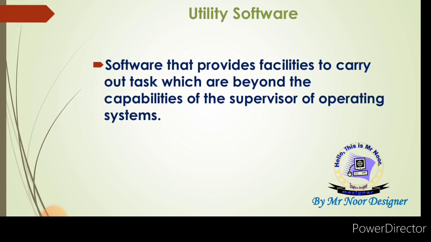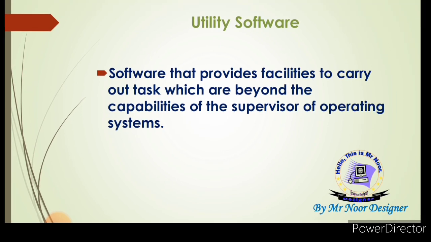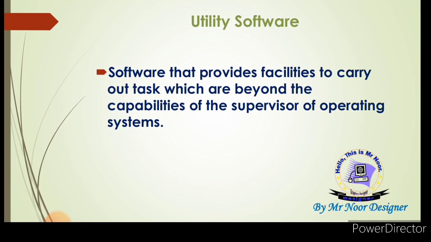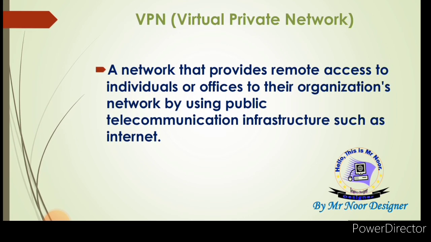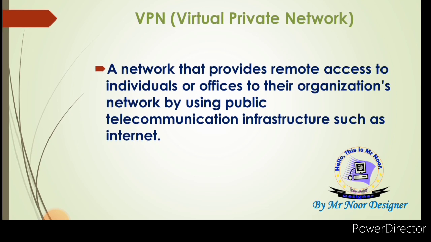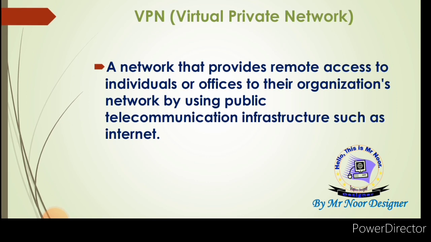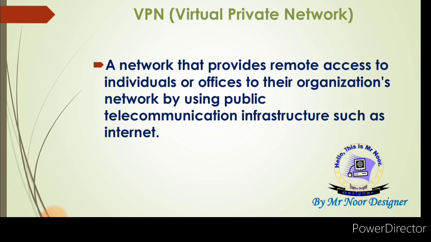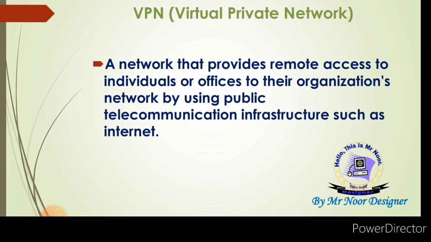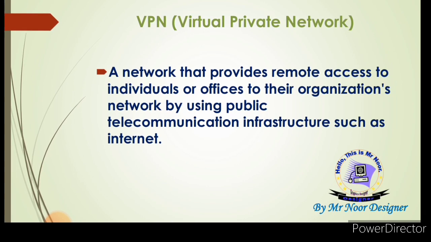Utility software, software that provides facilities to carry out tasks which are beyond the capabilities of the supervisor of operating system. VPN, virtual private network, a network that provides remote access to individuals or offices to their organization's network by using public telecommunication infrastructures such as internet.